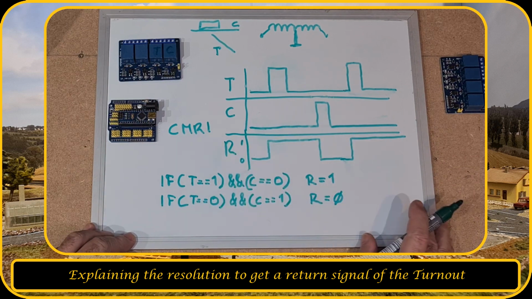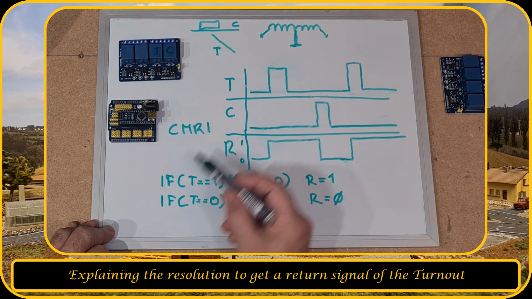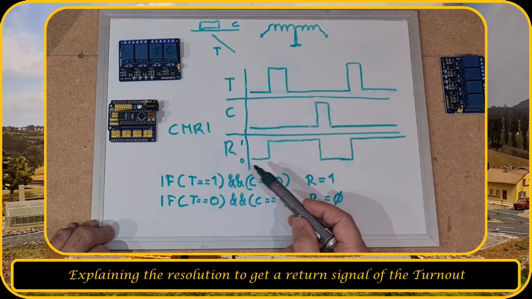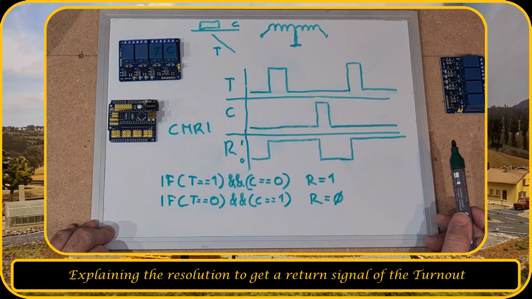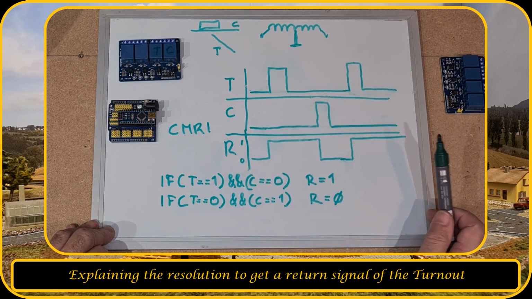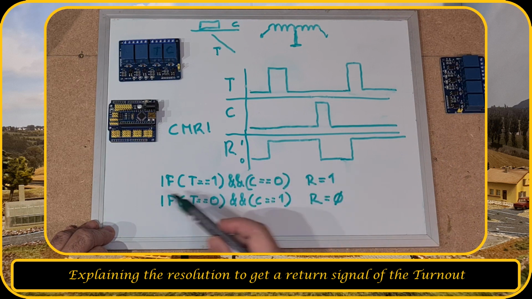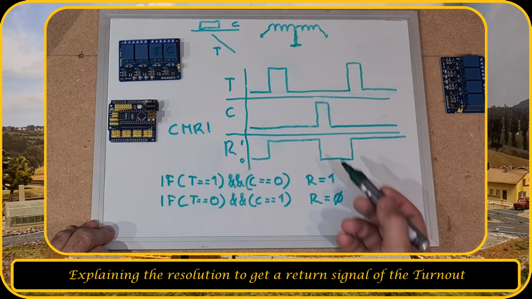So that is what I need to put in all the programming when I get the information to set a turnout to closed or straight, to thrown or diverted. And this is what needs to be added. And the R will be sent back.